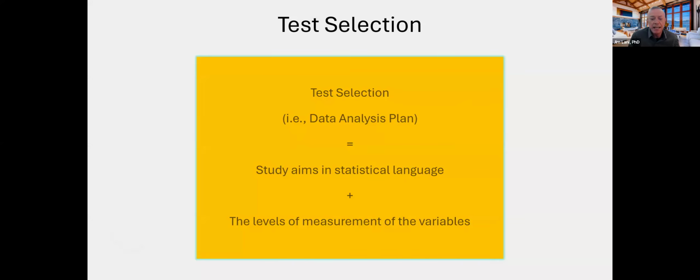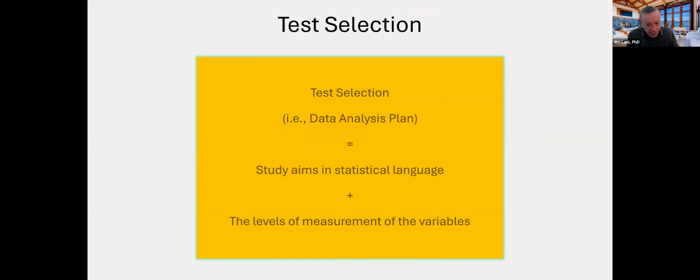Most people get stuck on the data analysis plan. This is really my bread and butter. You typically don't have enough experience with it, and there are several things to know about data analysis plans.